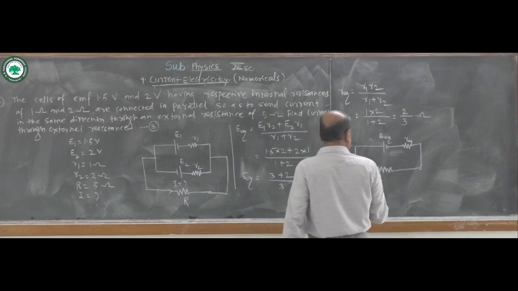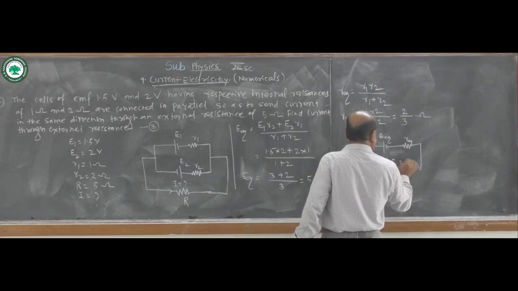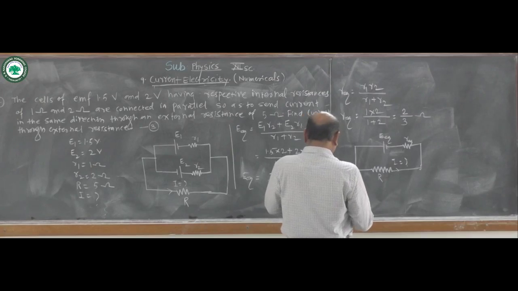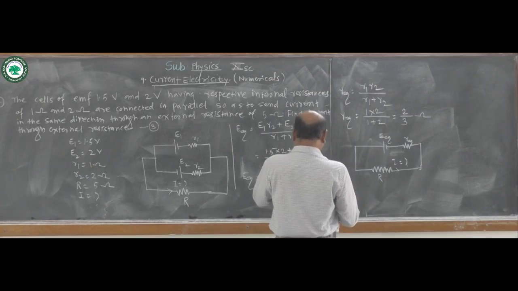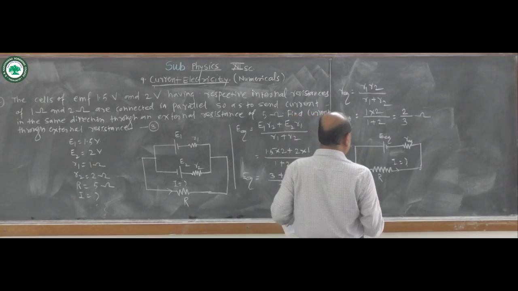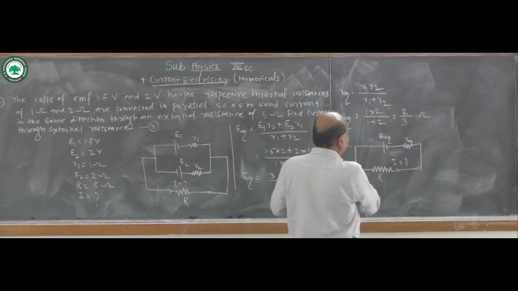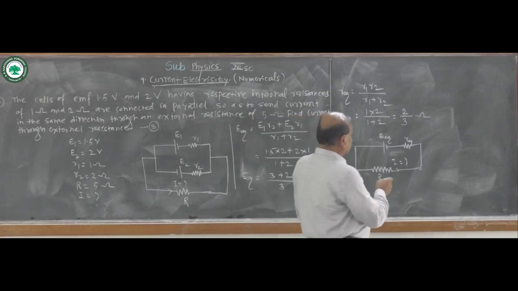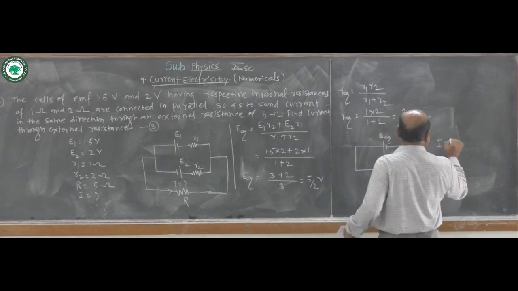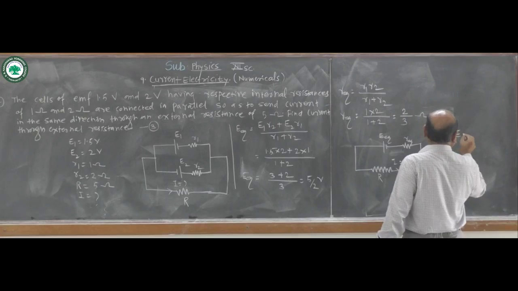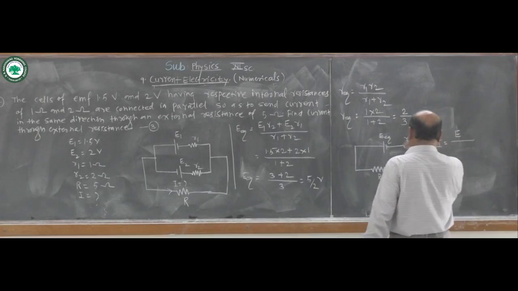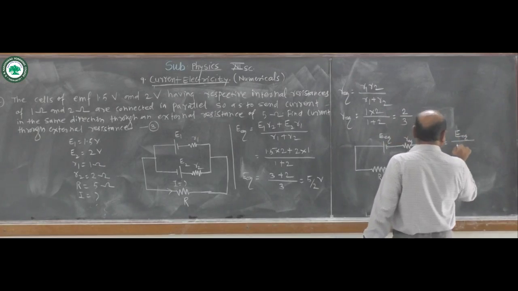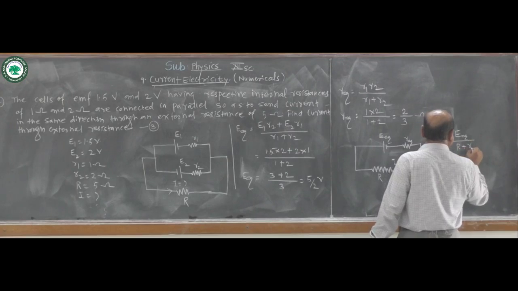Already we calculated these. We have to calculate the current I flowing through that resistance, and therefore we apply Ohm's law to the complete circuit. The value of current I through this circuit is I equal to E divided by R plus small r.